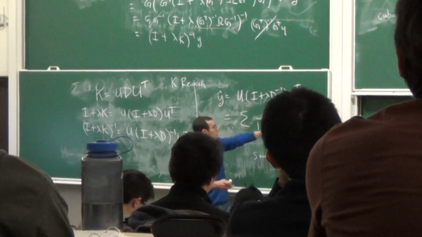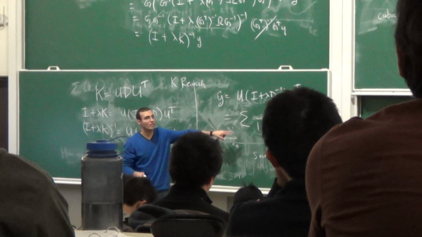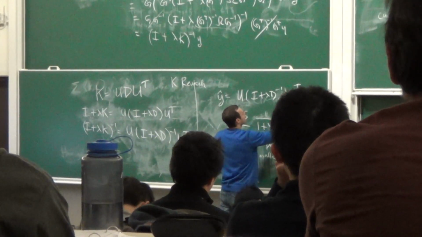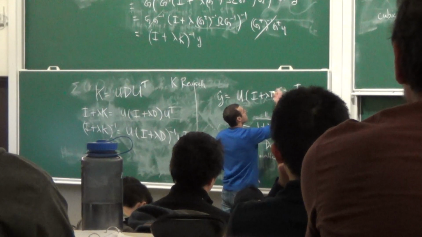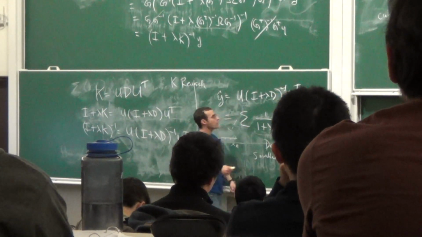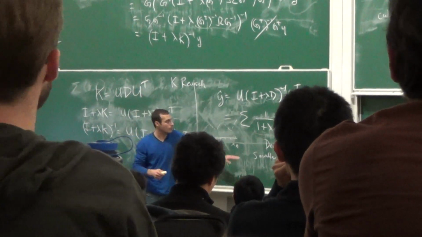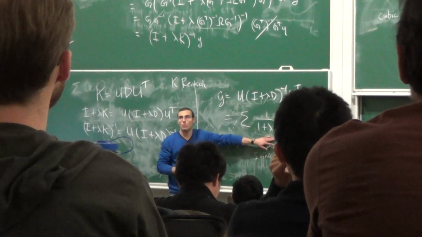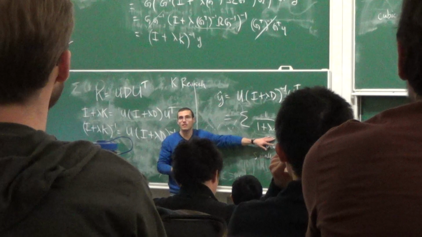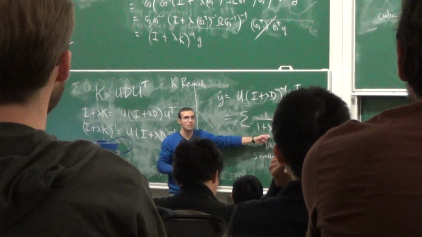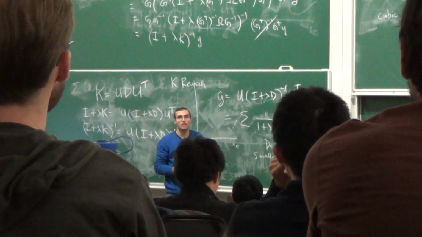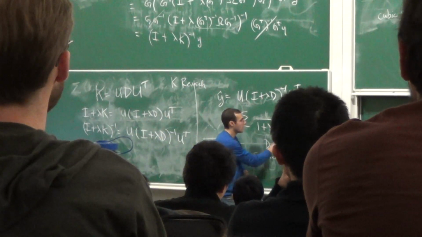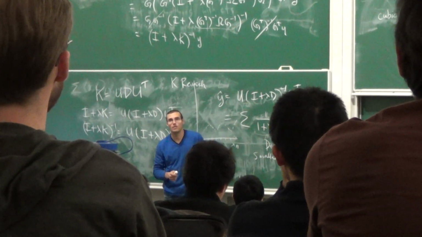So what's happening here? I've actually been slightly sloppy with my inverses, but this is absolutely correct right here. And so what do you conclude from that? If I know that when I take lambda equals infinity, I have to get back to a linear fit, I conclude that actually some number of these eigenvalues have to be 0.